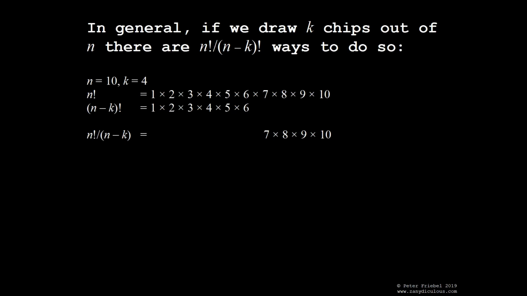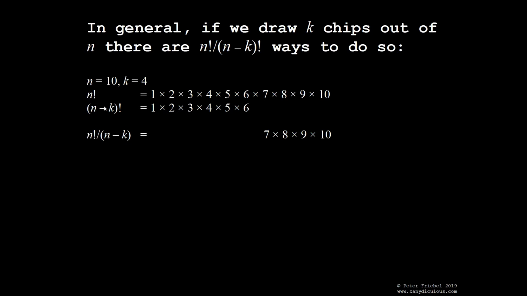Let's have a look at that. n is 10, k is 4. The factorial of n is 1 times 2, etc. times 10. For n minus k, that will be 1 times 2 times 3 times 4 times 5 times 6, because 10 minus 4 is 6.